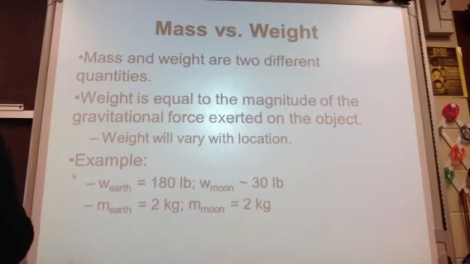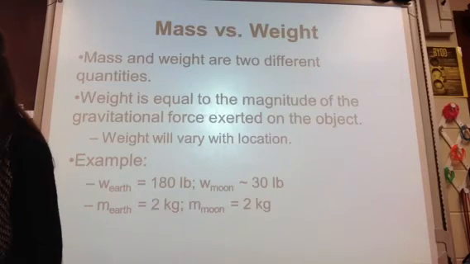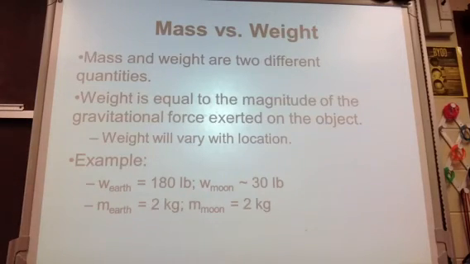Okay, finally, mass versus weight. I think that sometimes we have some misconceptions about mass versus weight. Mass and weight are two different quantities.